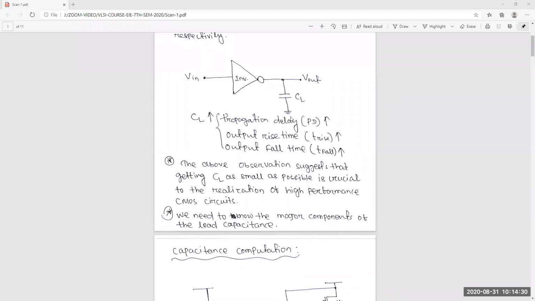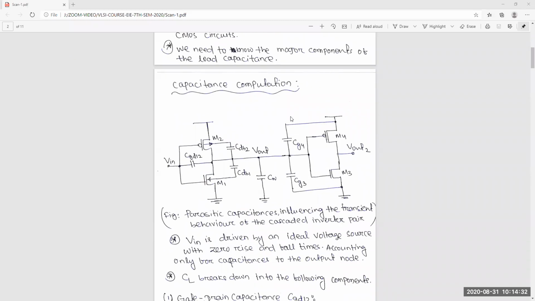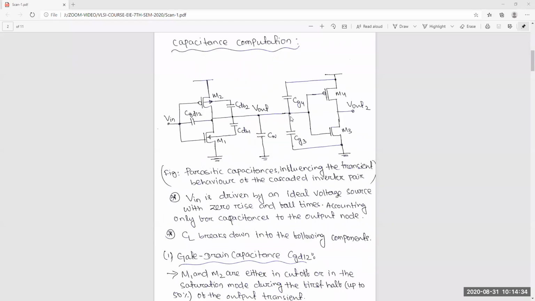We have already discussed the intrinsic capacitance of a particular device, NMOS or PMOS. Do you remember all these things? What are the capacitances for a particular transistor? Anyone?